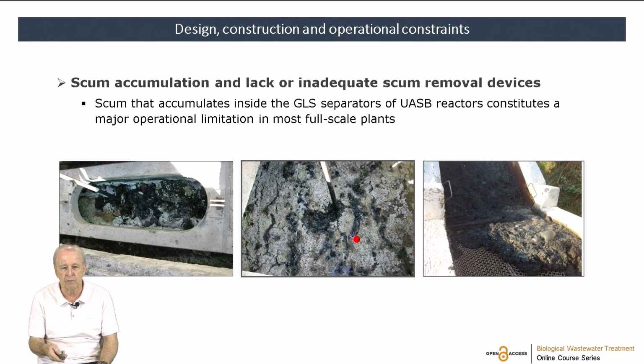It becomes a very thick and concentrated material, very, very difficult to remove. For instance, it's not possible to pump or suck it. It's necessary first to disaggregate, to break this scum to allow its removal, and from very small apertures.